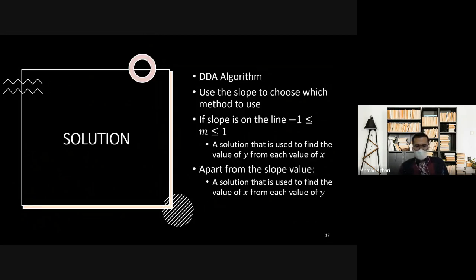If m is between -1 and 1, we use y for each x. Otherwise, we use x for each y. It depends on the value of the gradient or slope.